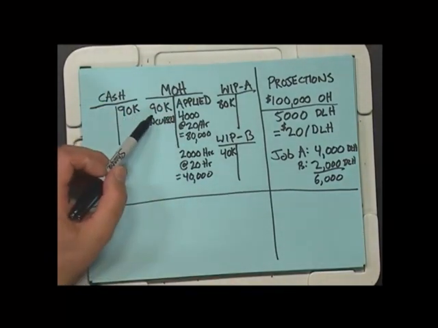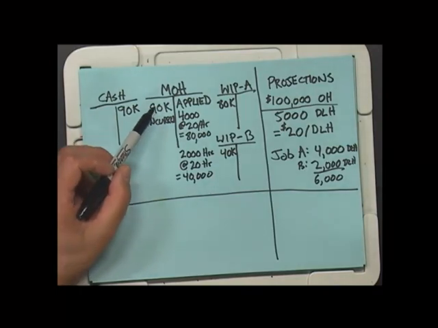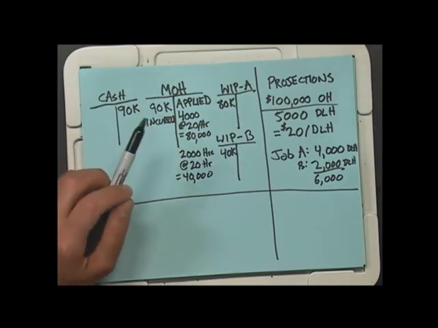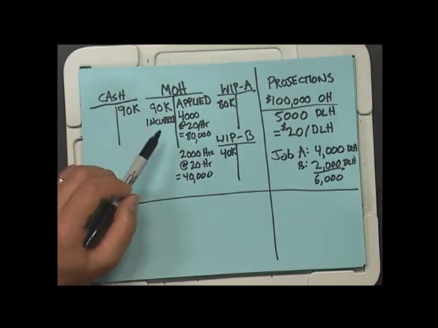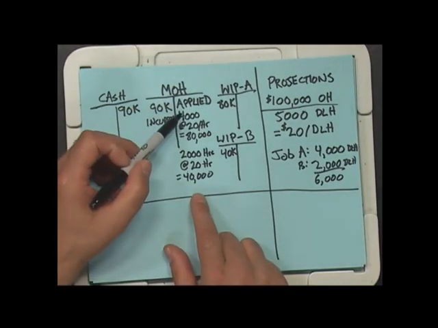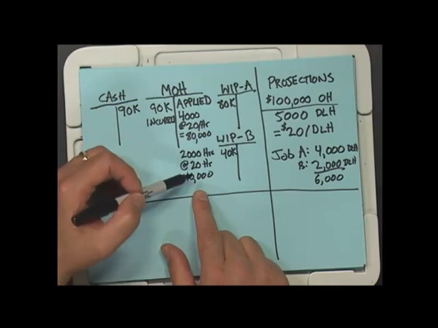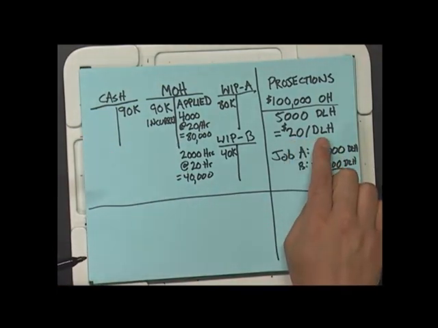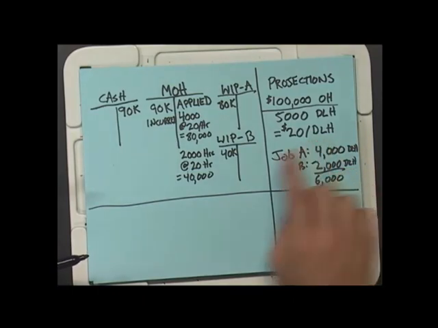We put that $90,000 of overhead in there when we incurred it because when we paid our rent, when we paid our utilities and our insurance, we didn't know which particular glove that dollar was for. We put it into our suspense account, and then we used this very simple rule, our predetermined overhead rate of $20 per direct labor hour.